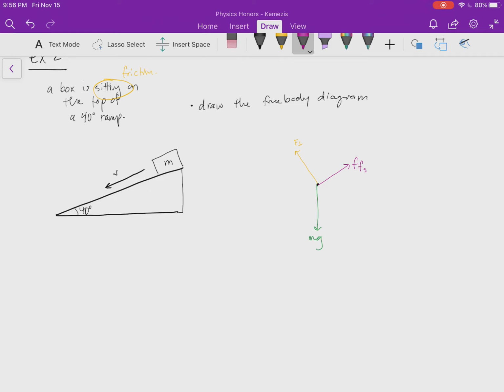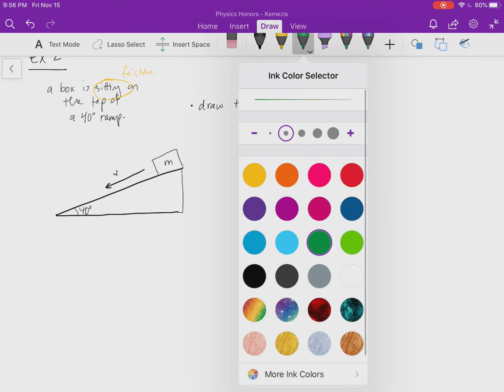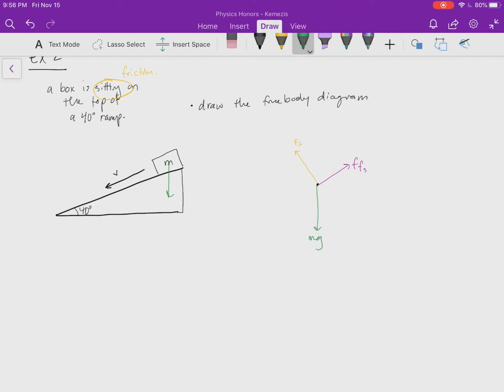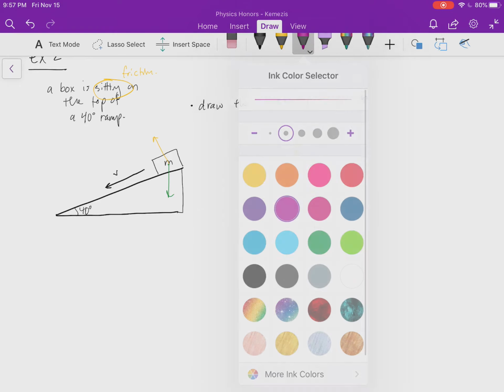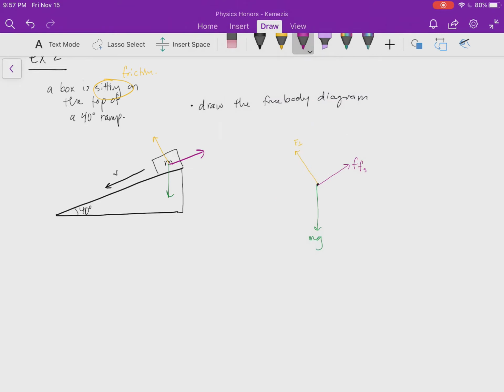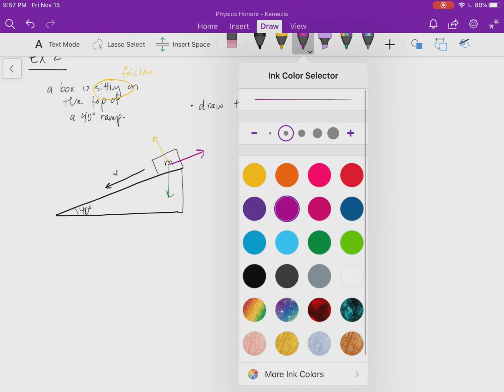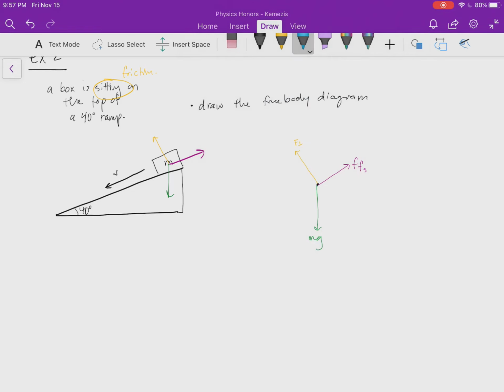So this is what our free body diagram would look like, but I'm just going to draw some of these vectors, forces, as we're looking at them on the diagram instead of the free body. Just because before, in all of the examples that we've been doing, we have been thinking of perfectly horizontal as our X and vertical as our Y, right?